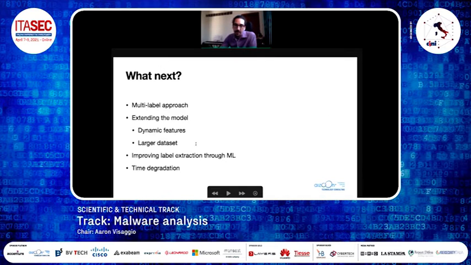The first one is why I wrote here improving label extraction through ML: in the same spirit that we do malware classification and malware detection, we could think of the same approach to extract a unique nomenclature for the malware.